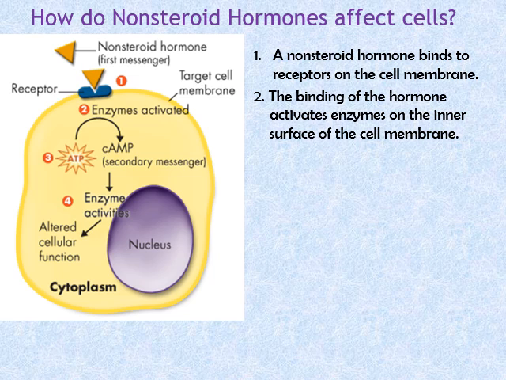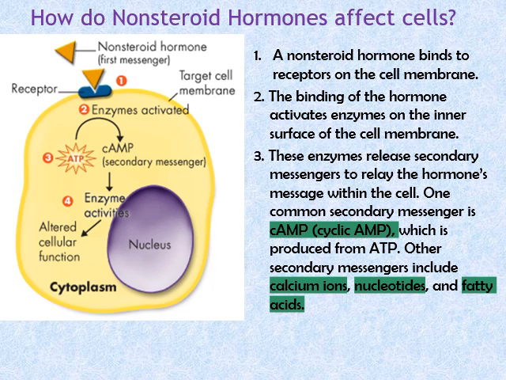Then, the binding of the hormone activates enzymes on the inner surface of the cell membrane. There is an enzyme here activated due to the binding of the first messenger, non-steroid hormone, to the receptor on the cell surface membrane.